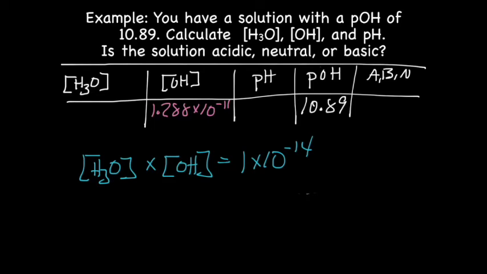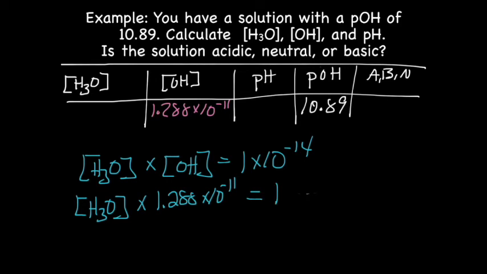So we don't know H3O. We do know that we have 1.288 times 10 to the negative 11th OH, and we know that equals 1 times 10 to the negative 14th. So now to solve for H3O, we're going to divide both sides by 1.288 times 10 to the negative 11th.